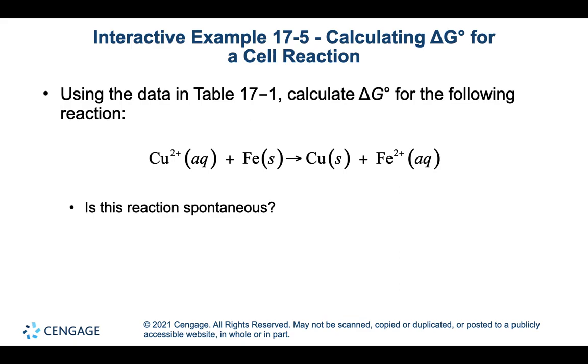So I see in this reaction that the copper 2+ is being reduced, the iron is being oxidized. 2+ to 0 is reduction, neutral to 2+ is oxidation for the iron. So that means on the table I want to look up the copper 2+ reaction and the iron 2+ to iron reaction.